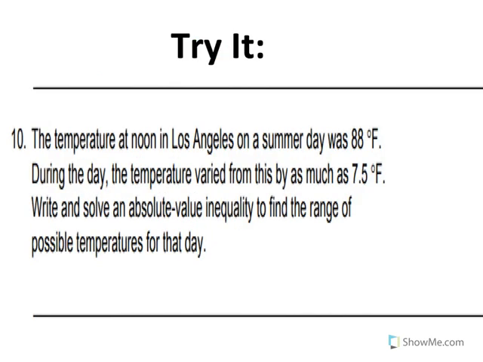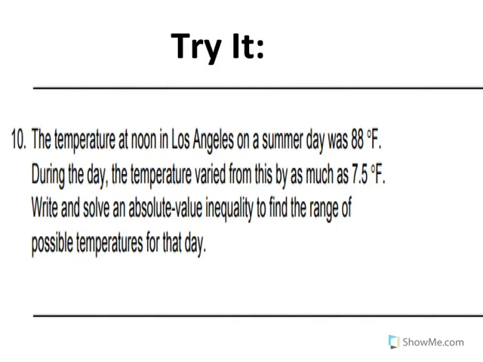Right, number 10. The temperature at noon in Los Angeles on a sunny day was 88 degrees Fahrenheit. During the day, the temperature varied from this by as much as 7.5 degrees Fahrenheit. Write and solve an absolute value inequality to find the range of possible temperatures on that day.